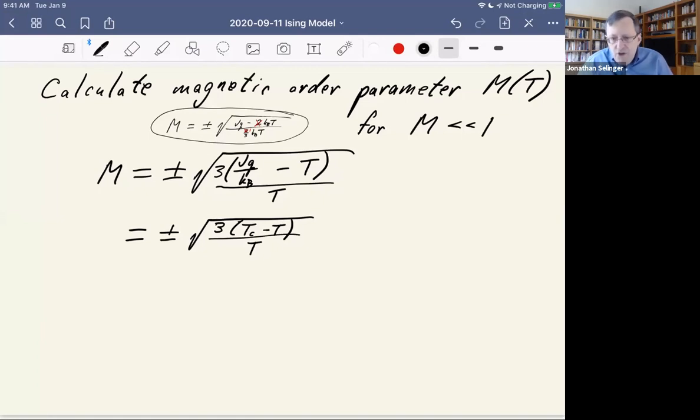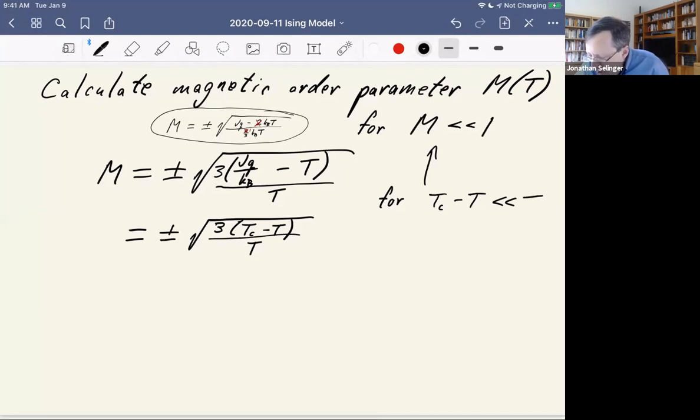So M is increasing proportional to this square root. Because of that, when we say our approximation works for M much less than 1, that means for a small value of Tc minus T. So for Tc minus T to be very small.